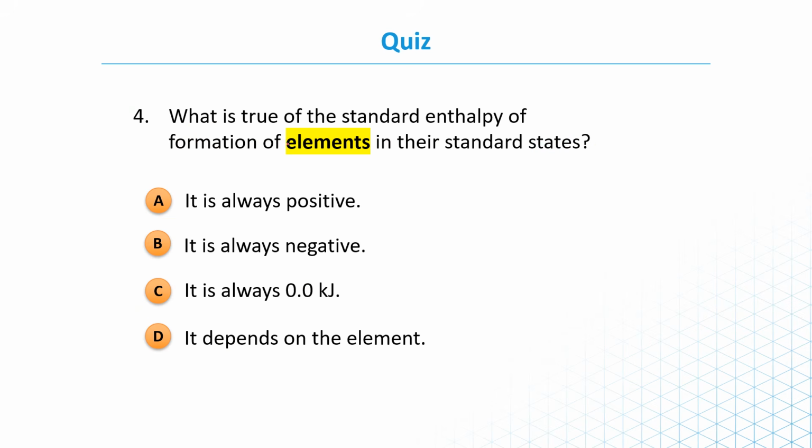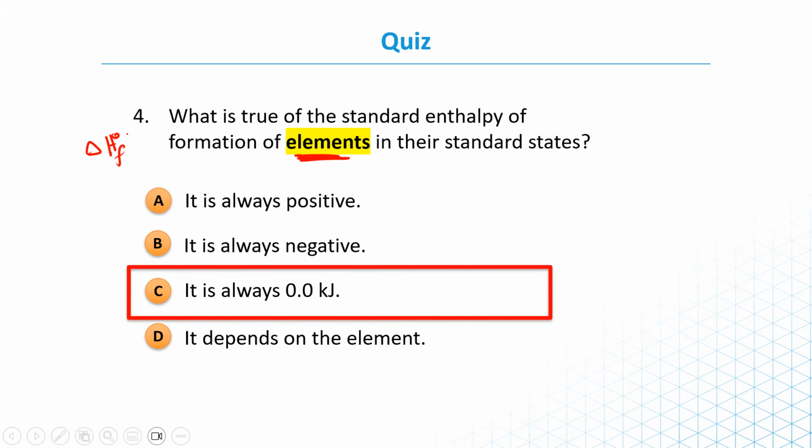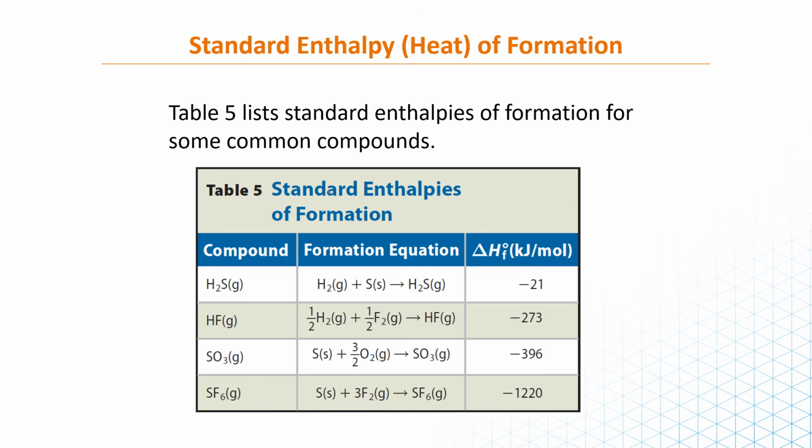So what is true of the standard enthalpy of formation, which is the delta H note, of elements in their standard states? We talked about elements. We said that delta HF of elements is always 0. Okay? It's always 0 for elements. And these are some standard enthalpies of formation for these compounds. You see?